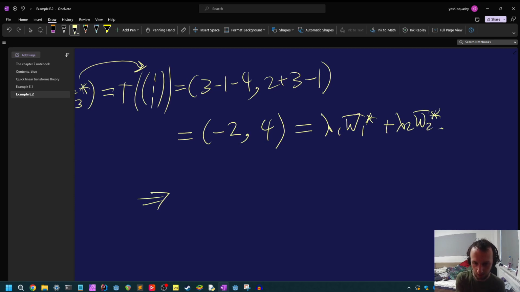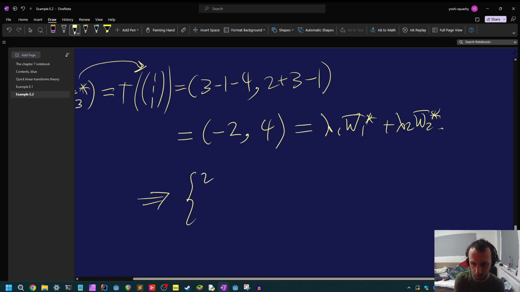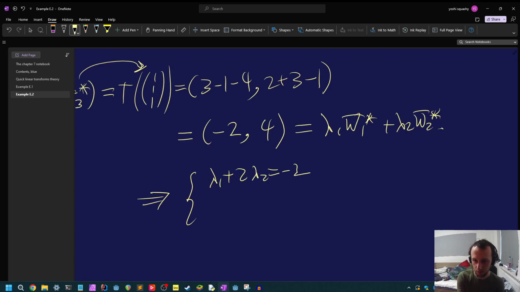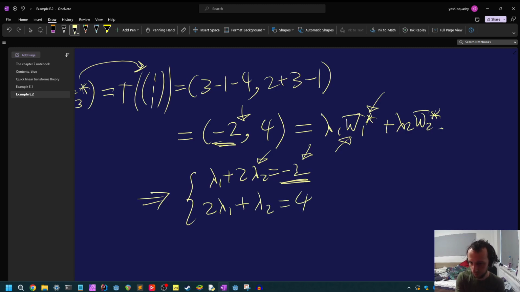This forms a system of equations given by lambda 1 plus 2 lambda 2 equals minus 2 from here. And this is 2 lambda 1, just because we know what these are at this point. The coefficients are on this side from here, and the numbers on this side are going here. You get the idea there. Lambda 2 equals 4 from here, going to here. Throw it into a calculator.